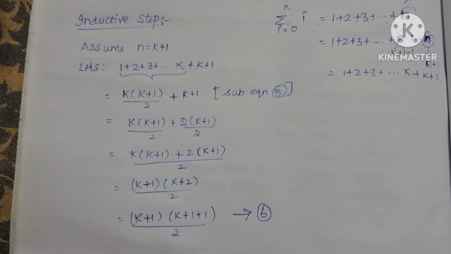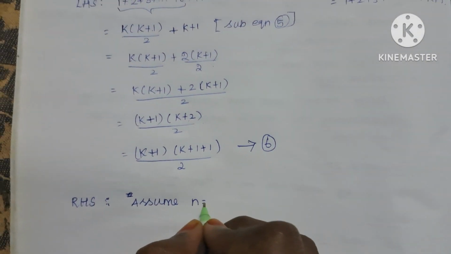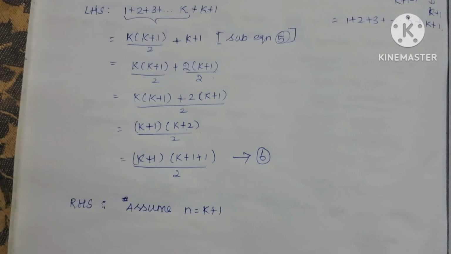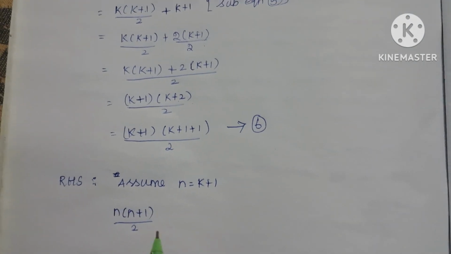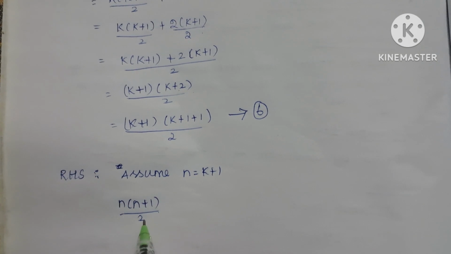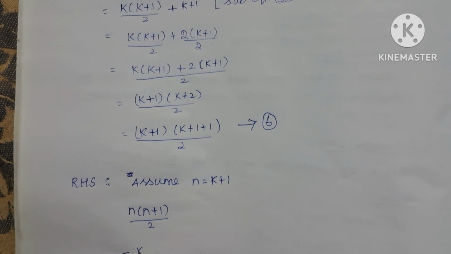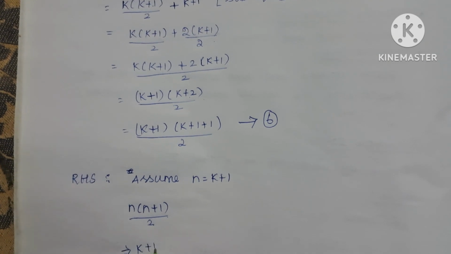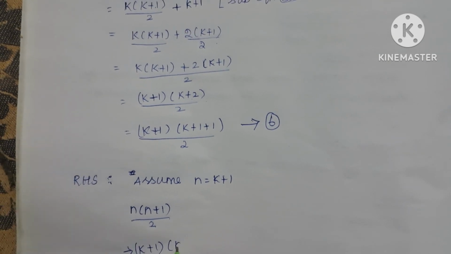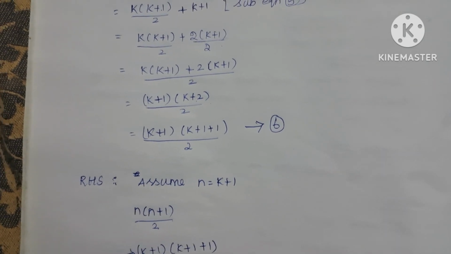So assume n equal to k plus 1. Right hand side is n into n plus 1 by 2. So when substituting n equal to k plus 1, we get k plus 1 into k plus 1 plus 1 by 2.